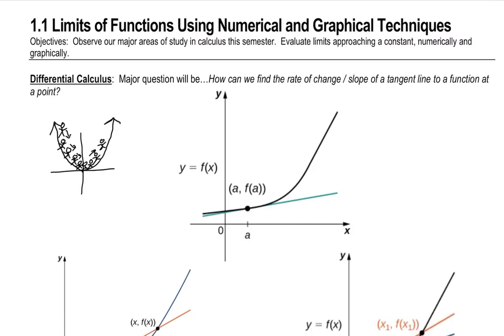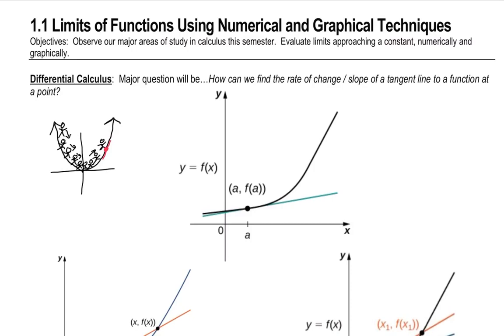So the idea is, if I wanted to know what the steepness is right at some specified point, how we're going to visualize that is with the line that we can draw that touches only the function at that specified point.